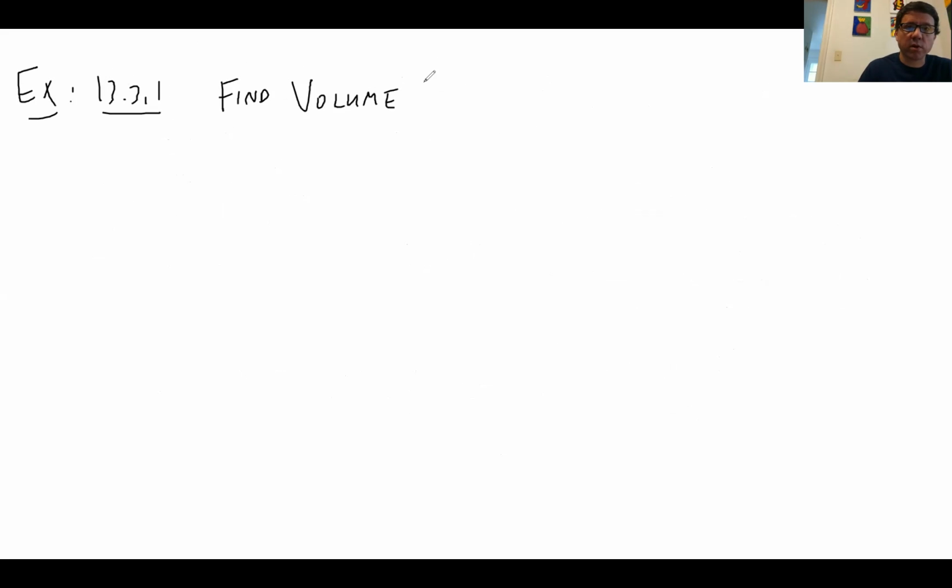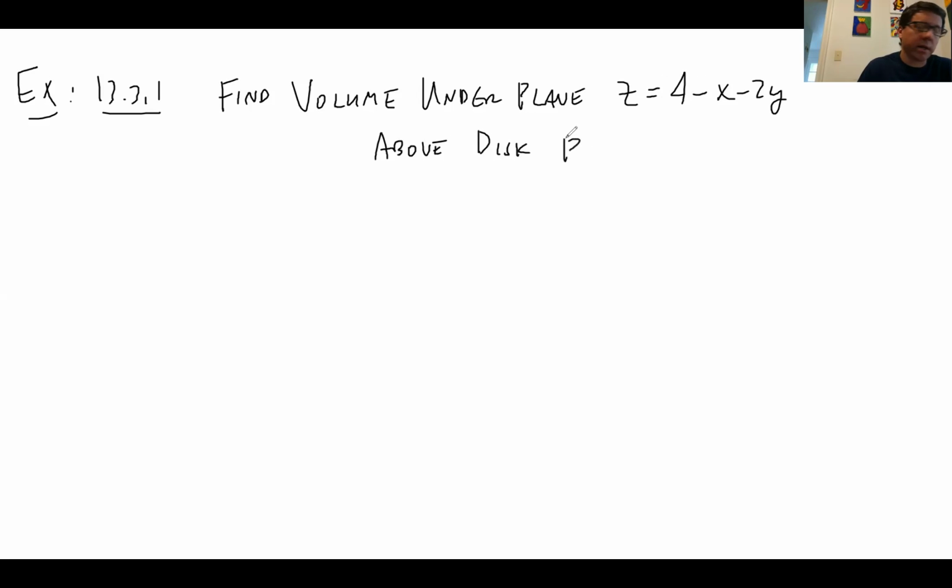So find the signed volume under the plane z equals 4 minus x minus 2y, above the disk bounded by x squared plus y squared equals 1.